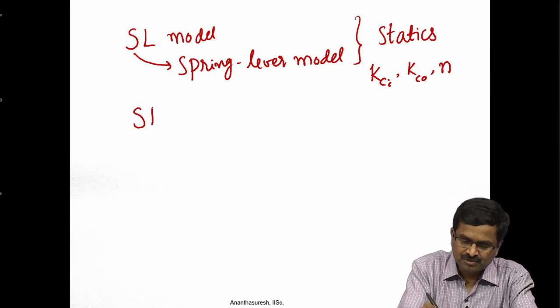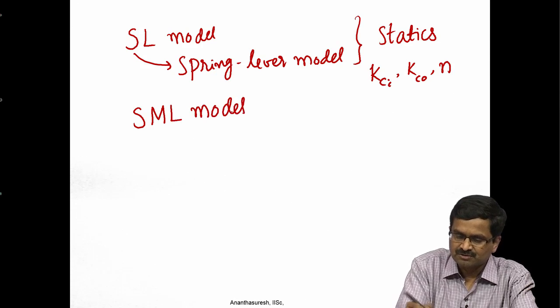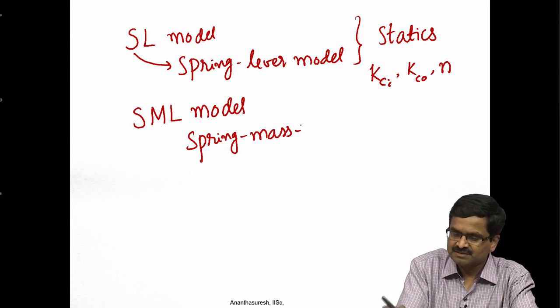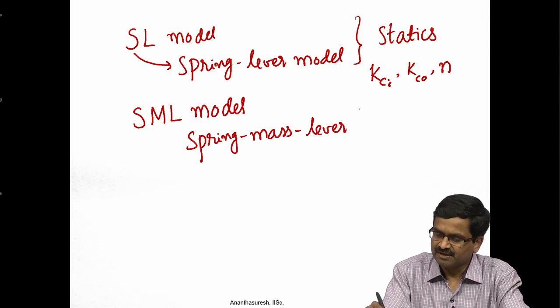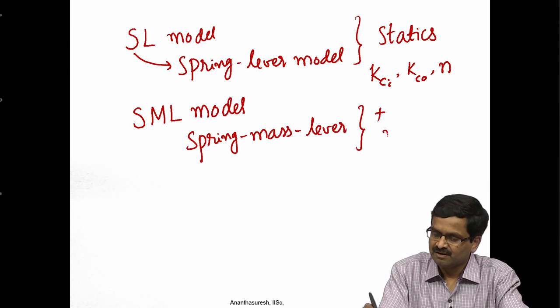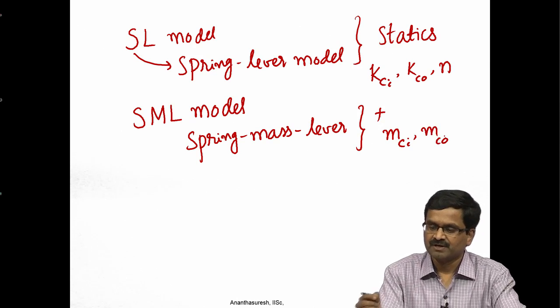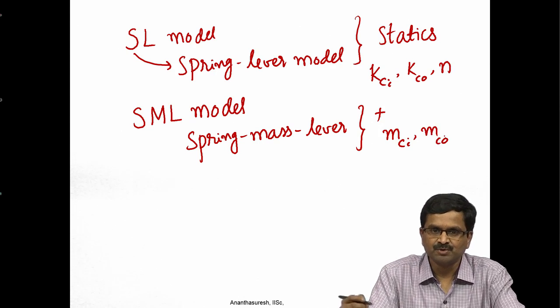Later we also discussed the SML model. This now becomes applicable for dynamics, where we have spring and mass and lever model. So, here we add also MCI and MCO. If KCI and KCO are input side and output side stiffness parameters, MCI and MCO are the input and output side inertia parameters.